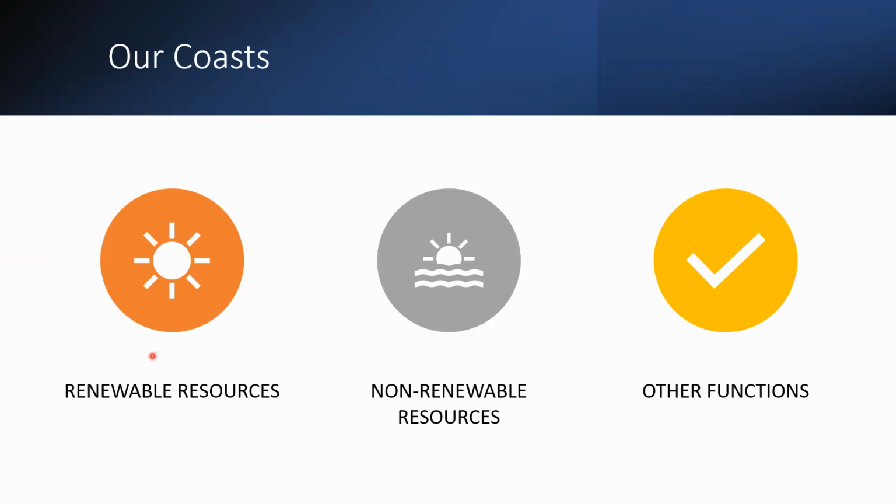Our natural resources can be categorized into two general categories: renewable resources and non-renewables. Renewable resources include fisheries, so fishing and aquaculture, mangroves, and coral reefs, whereas non-renewable resources would be petroleum, gas, minerals, and other mining materials.